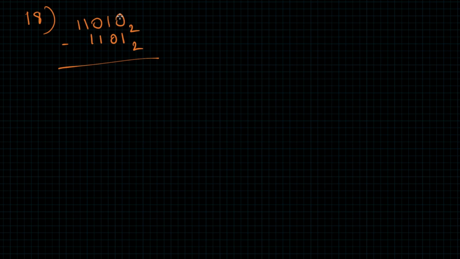You can't subtract 1 from 0, so you need to borrow from your next value, so you bring it here. Now when you bring it here, because this is base 2, it will be 2, similar to, let's say, 56781 in base 10. You can't subtract 8 from 7 because 8 is greater than 7.